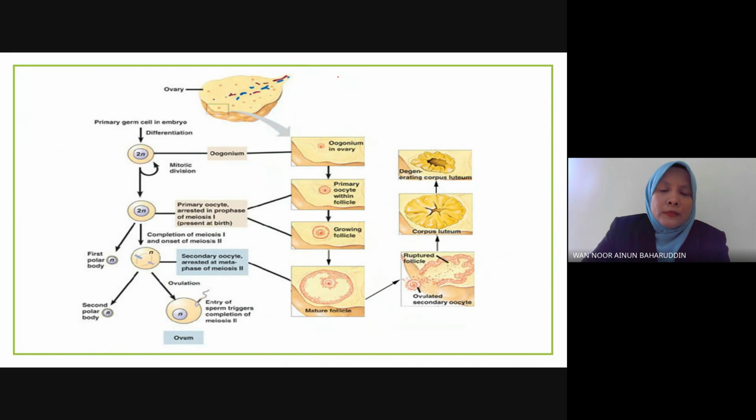The same illustration here shows how the primary germ cell develops into meiosis 1 after the onset of puberty, and then meiosis 2 if fertilization occurs, from oogonium going to a secondary oocyte that is ovulated and so on.